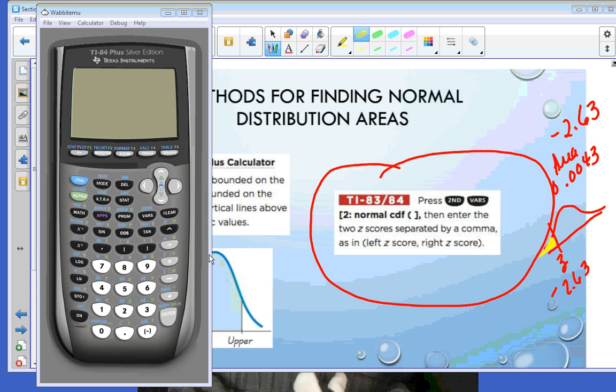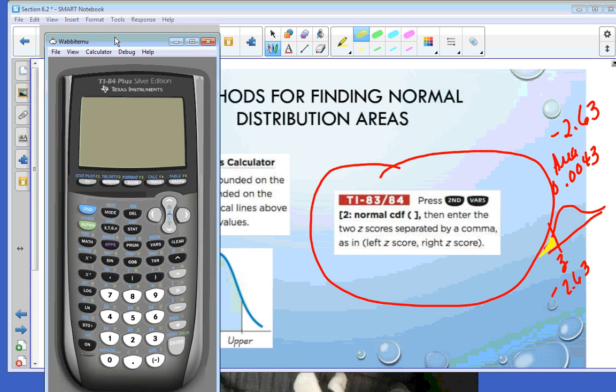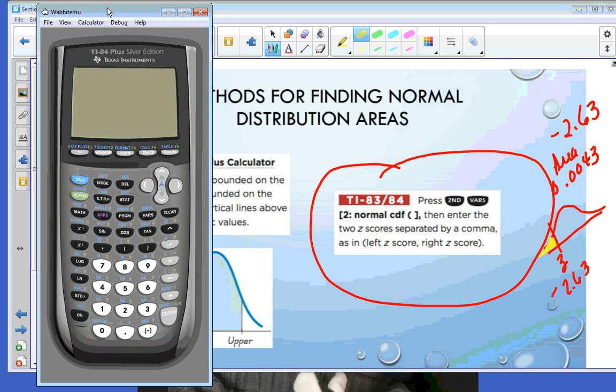Okay, now that I've got my calculator loaded, I can use the calculator to find the area under the curve. The way I'm going to do that using this problem, because I want the area from the very far left-hand corner up to where z is negative 2.63, I'm going to go to second vars or distribution. I'm going to come down to the normal cdf, normal curve distribution frequency. Choose that.